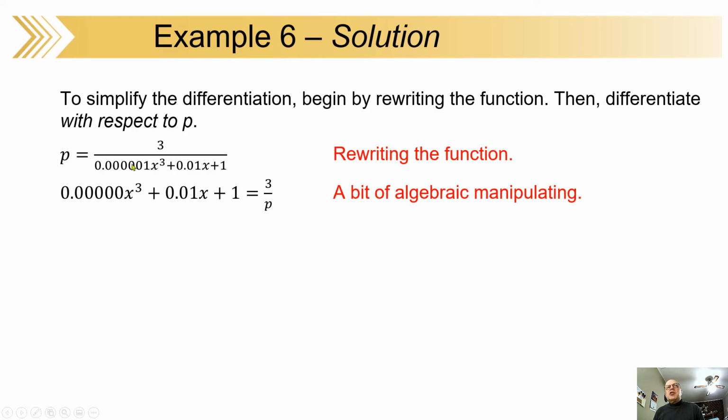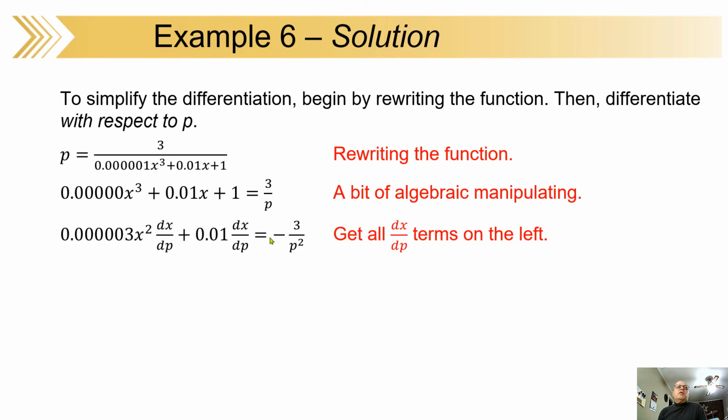In case you're the slightest bit confused, this part that's in the denominator, we multiply both sides by that, so you end up with just a 3 on this side, and this on the left-hand side with the p, but at the same time you're going to divide by p, so this p ends up over here and is canceled out on the left-hand side.